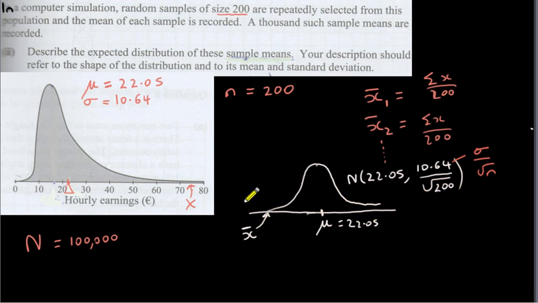So this thing is also known as the sampling distribution. This is the distribution of sample means. So by sampling distribution we mean the distribution of sample means. In this situation we're talking about sample means. So the sample means are along here.